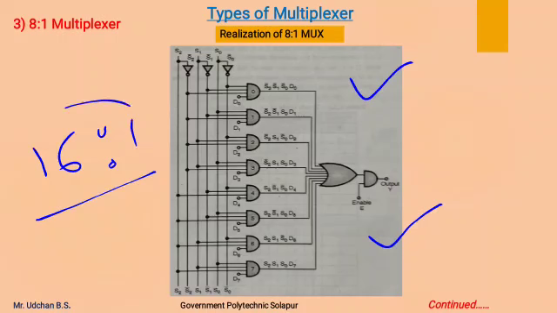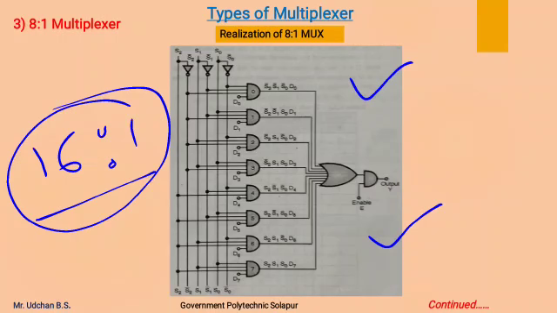So for 16:1 multiplexer, you have to design on your own. If not possible to you, refer TechMax or textbook for the design of 16:1 multiplexer. You can easily solve that using the textbook.